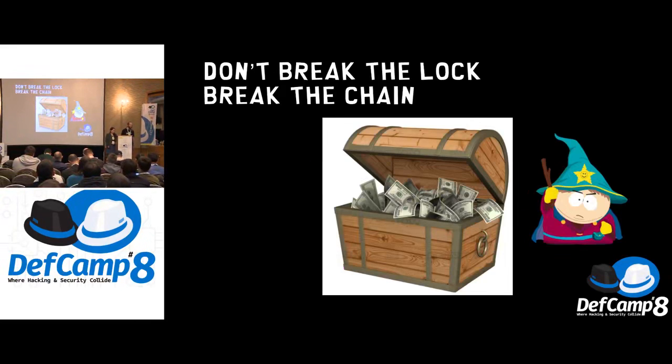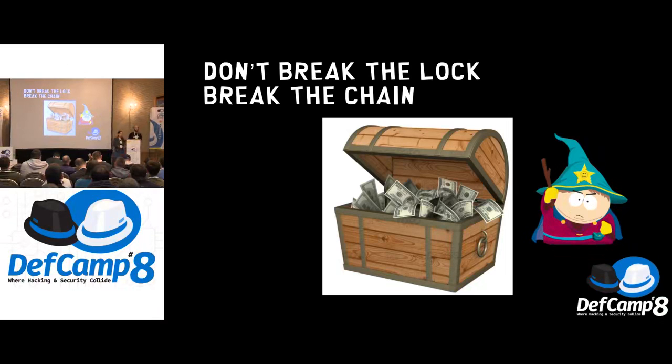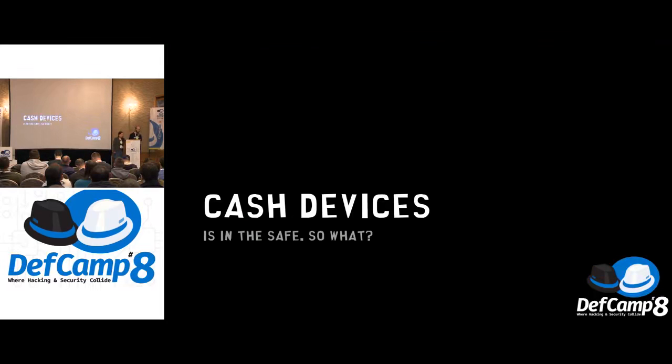But the attackers actually don't need to break the safe. They just need to break some piece of the chain and get access to all the money and flee and do whatever they want all their life.